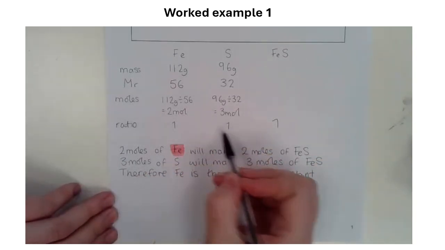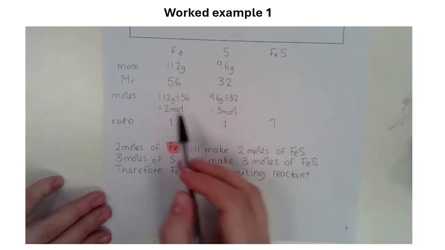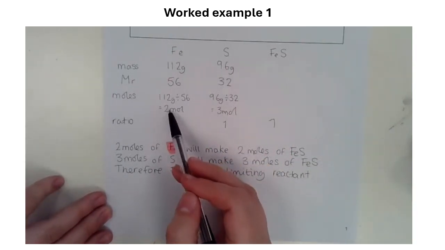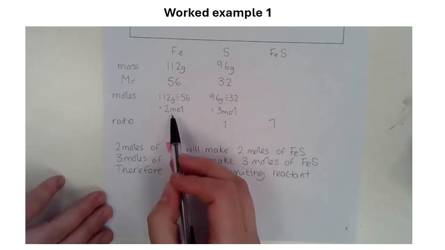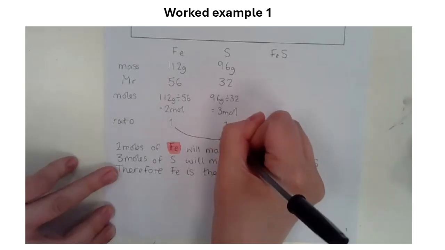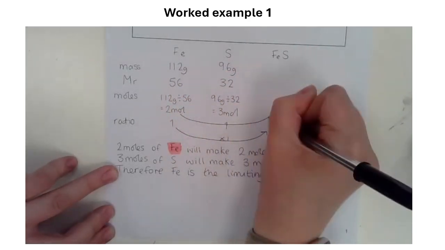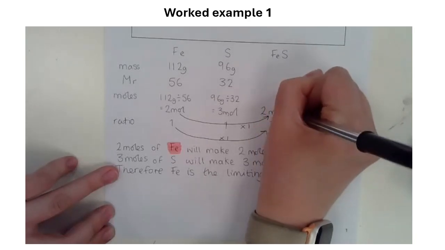When I now carry on through my reacting masses method, I'm going to only consider the iron. So I'm now carrying on with the same method as I did in my reacting masses. To go from 1 to 1, I multiply by 1. So to go from 2 to the final answer, I multiply by 1, 2 moles.